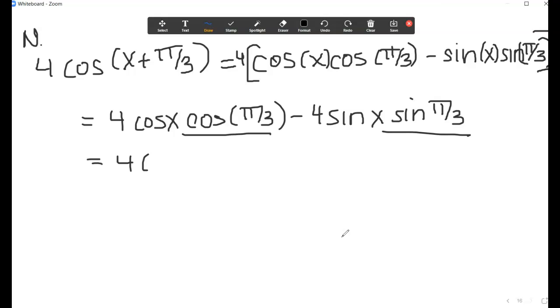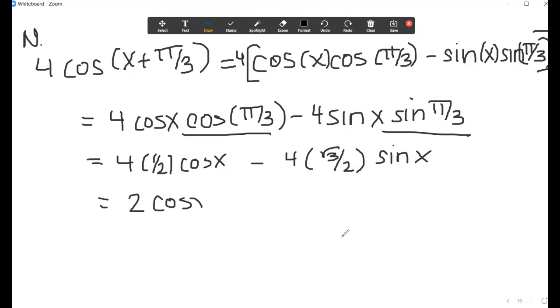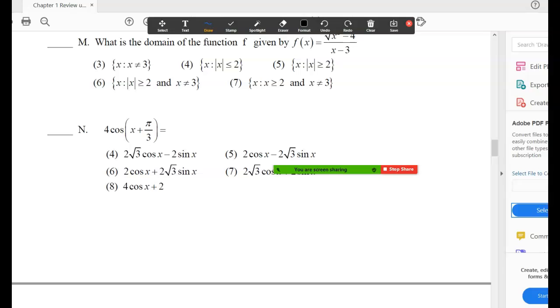So this becomes 4 times a half cosine x minus 4 root 3 over 2 sine x. So 4 times a half is 2 cosine x, minus 4 divided by 2 is 2 root 3 sine x. And I believe that's answer 5 for N.